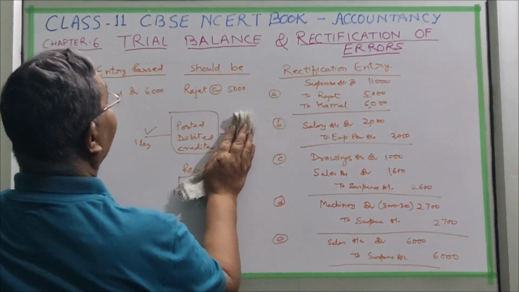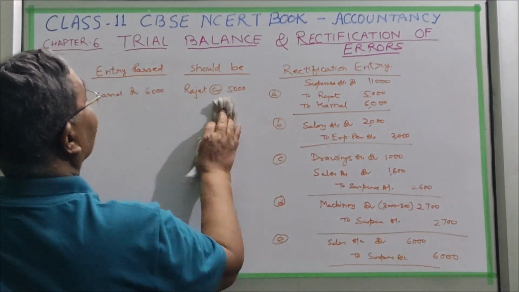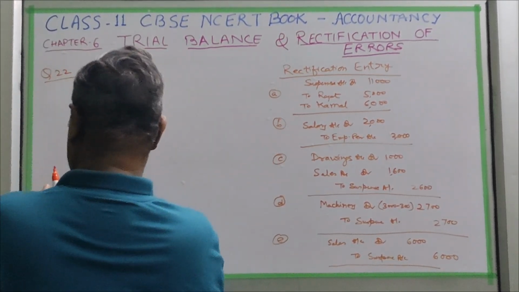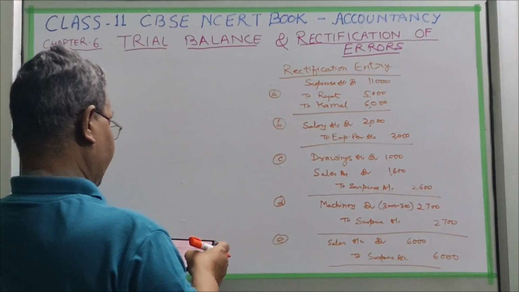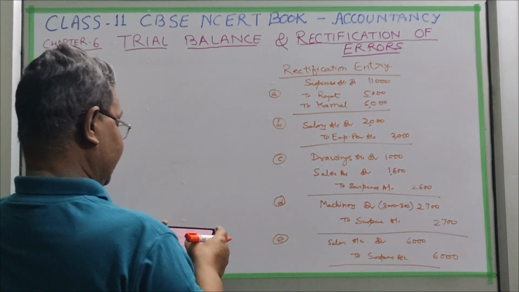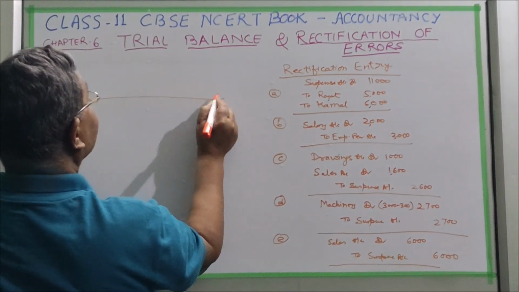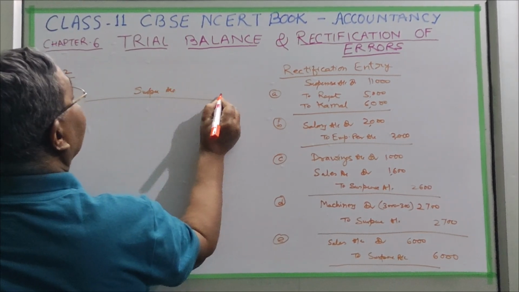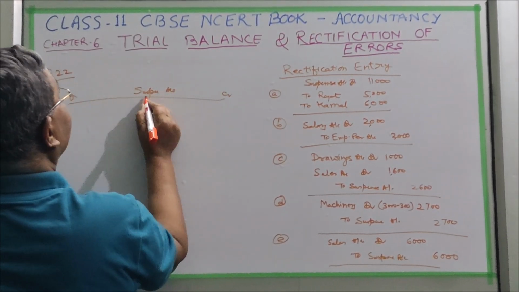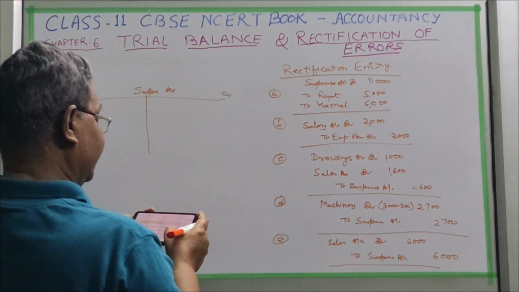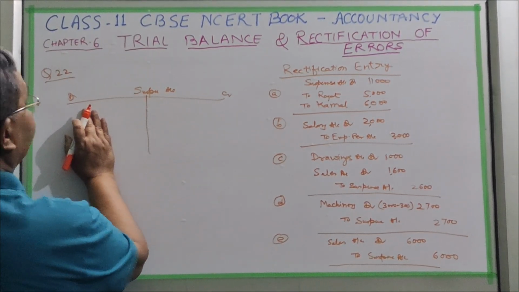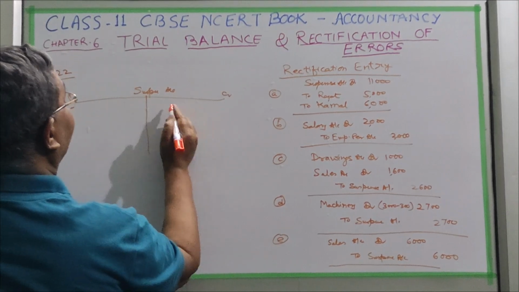Now you have to prepare the suspense account. So suspense account is having some old balance. Suspense account, credit and debit. You see how we open it. Excess debit means debit was excess, it means the balance was on this side.